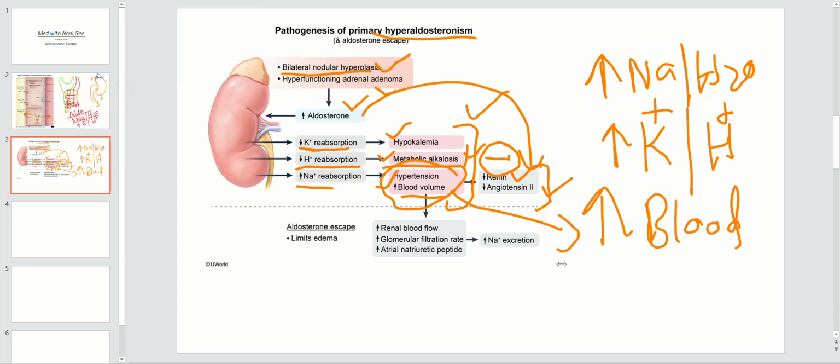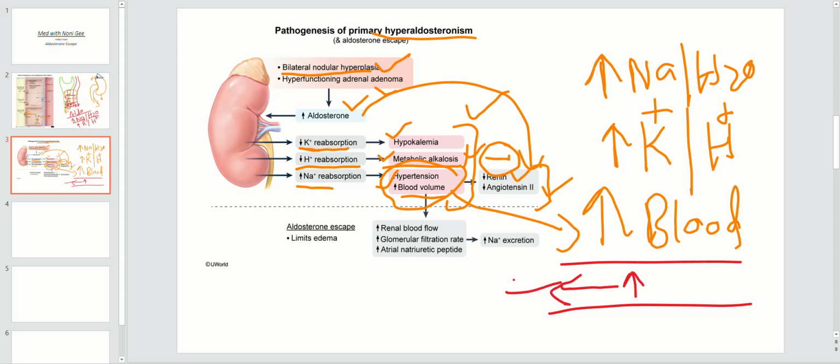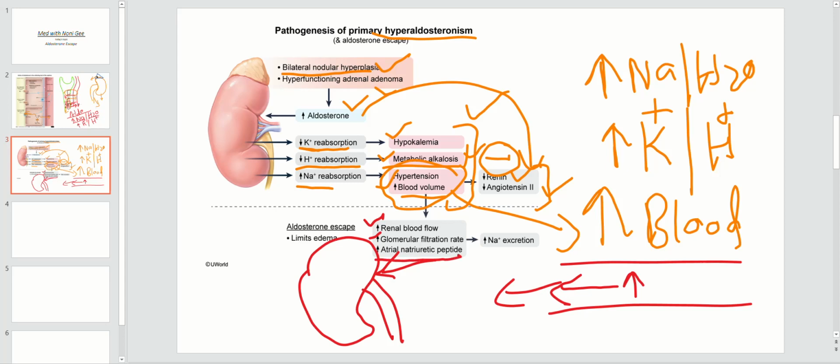When blood volume in your vessels is increased, what will happen? Increased blood flow goes to your kidney, right? So the kidney will have increased renal blood flow, so that's what they are saying. So increased renal blood flow, increased glomerular filtration rate because of the increased hydrostatic pressure in the glomeruli, and this will lead to increased atrial natriuretic peptide.